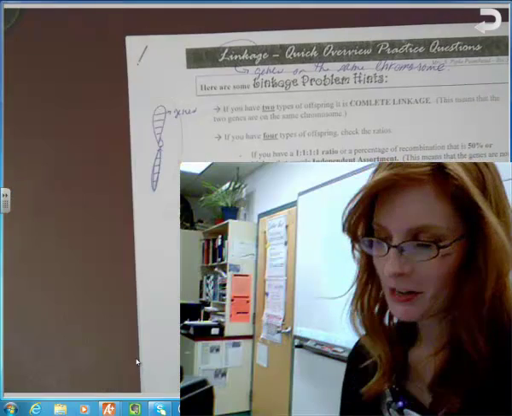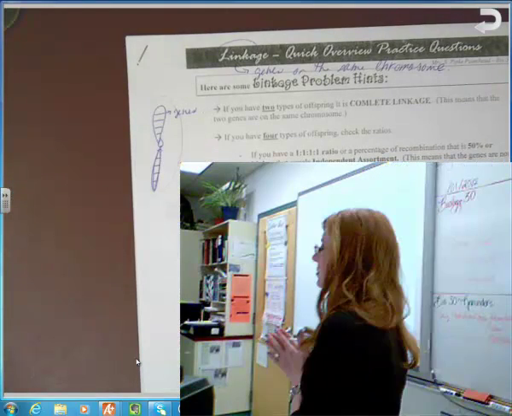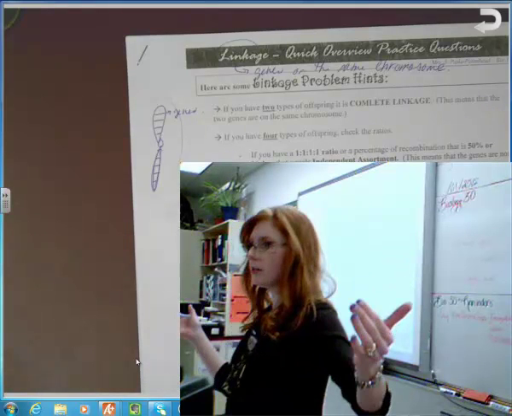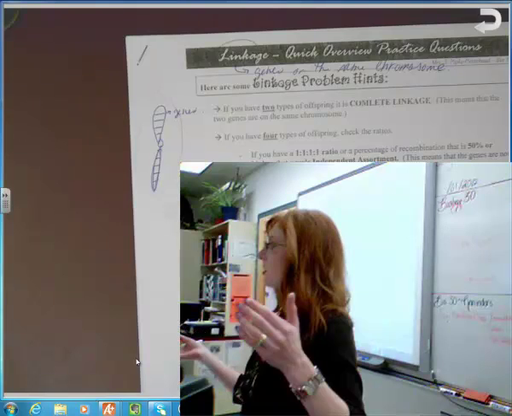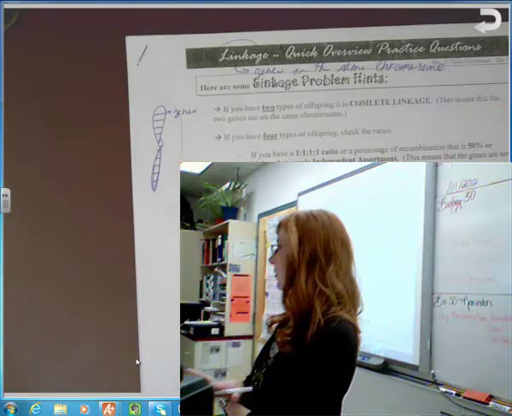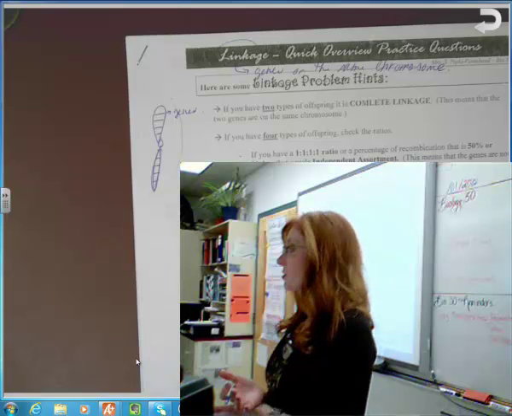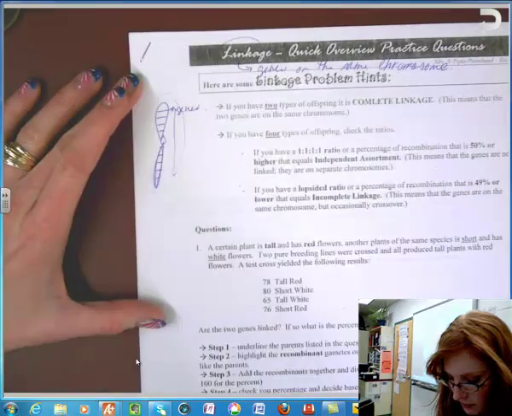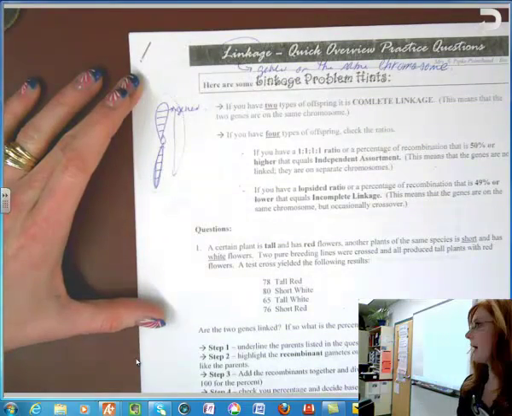So essentially what Thomas Morgan found is that the further apart the genes are on the chromosome, the more often crossover is going to happen and those genes will be switched with the other chromosome. So it's going to create more variation. The further apart a gene is, the greater the chance that crossover is going to happen, which means more genetic variation.